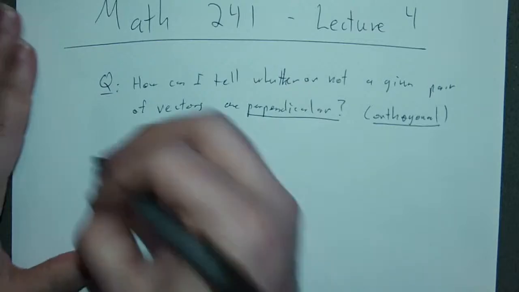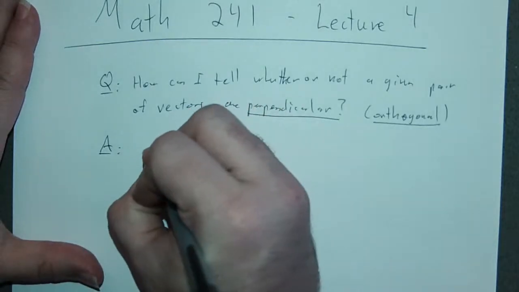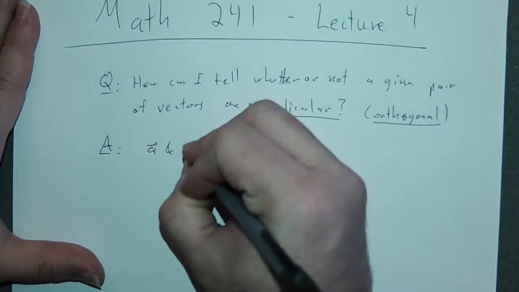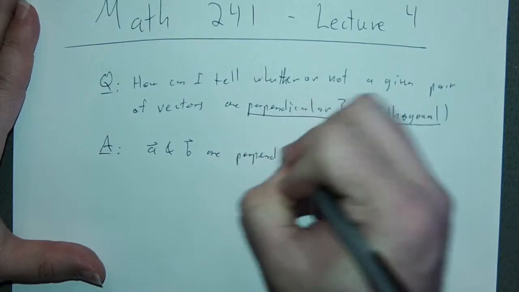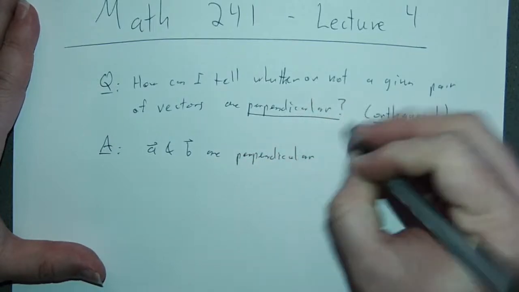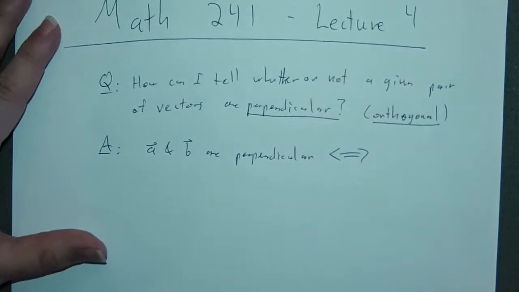So the answer, as we saw from last time, is that two vectors A and B are perpendicular, or orthogonal, if and only if their dot product is 0. This double arrow means the implication goes both ways.